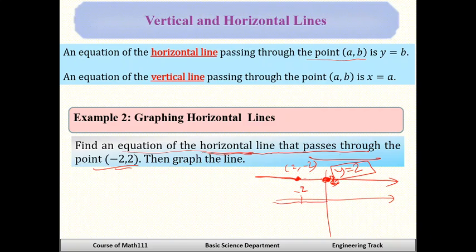And an extra thing, what is the equation of the x-axis, by the way? In the same way, you can say this is the y equal to 0 line, so y equal to 0 line or x-axis, they're the same. But anyway, in this example, the answer is y equal to 2.